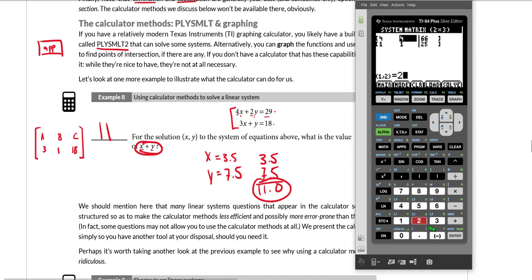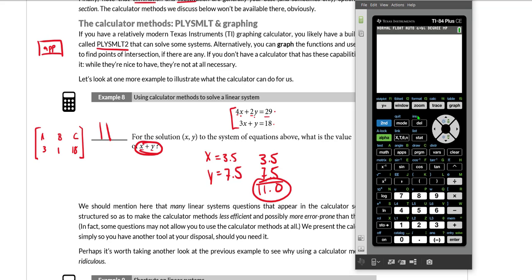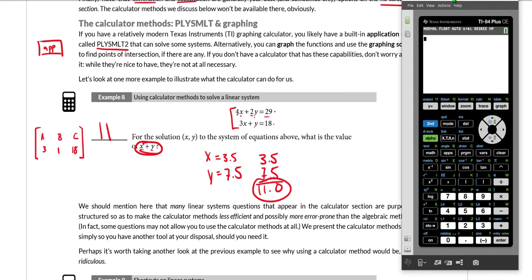I would do 2, 29, 3, 1, 18, and then I hit solve and I get my 2 fractions. If I hit fraction to decimal, which is the graph button, I get those 2 decimal values. So again, similar process, just the interface looks a little bit different, a little bit nicer in the new calculator, but equally as effective in the old calculator.